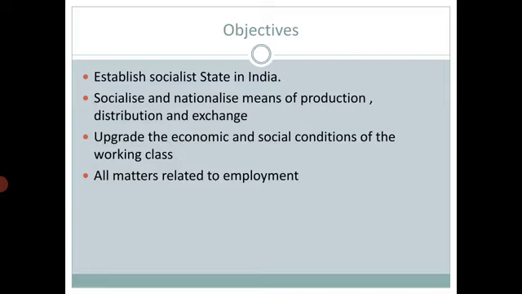See, before the establishment of such a trade union, if a trade union is not in existence, then what will happen?